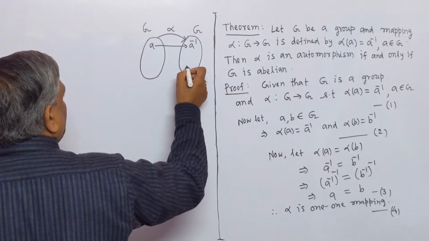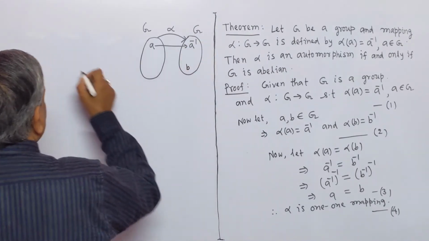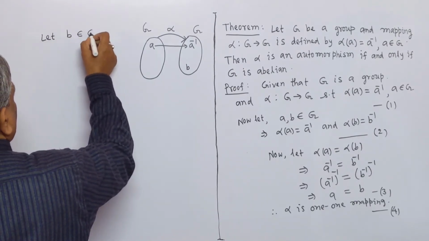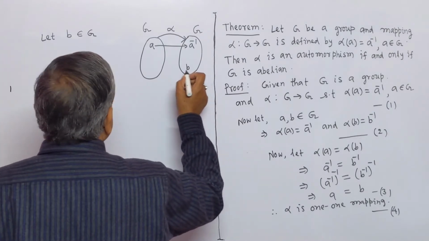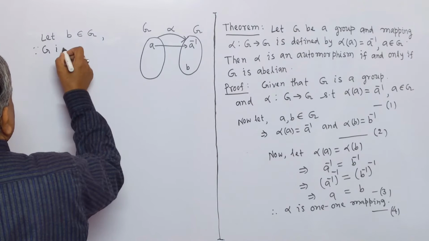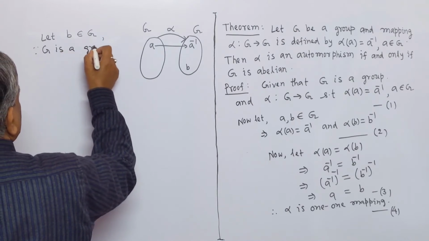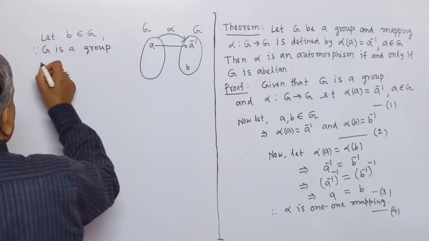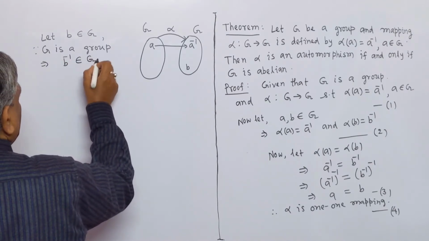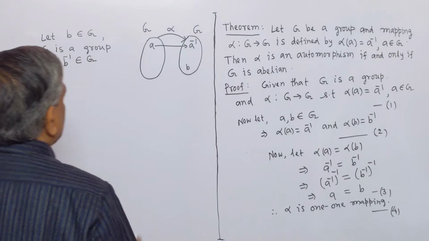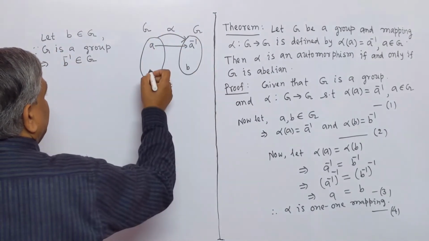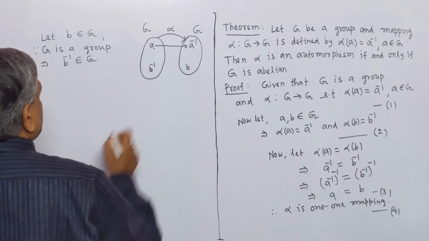Let B belong to G. G is a group, implies that B inverse belongs to G. We may write here B inverse.